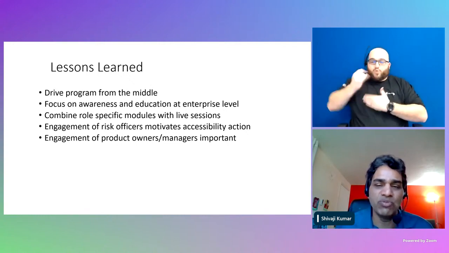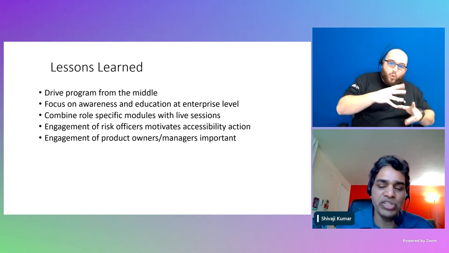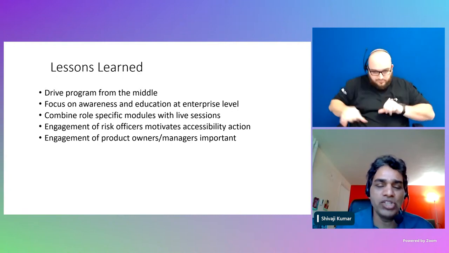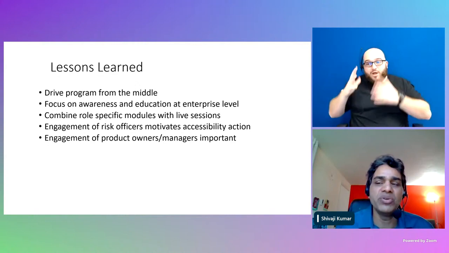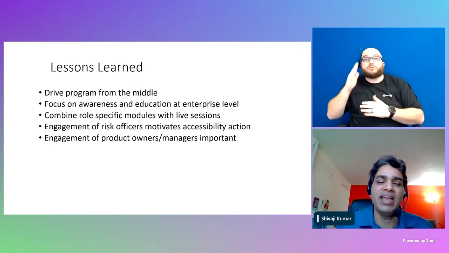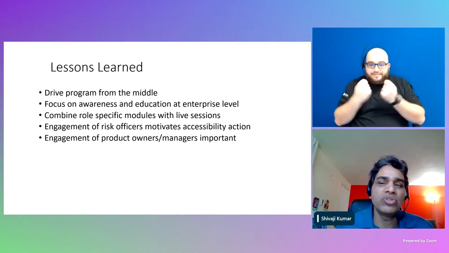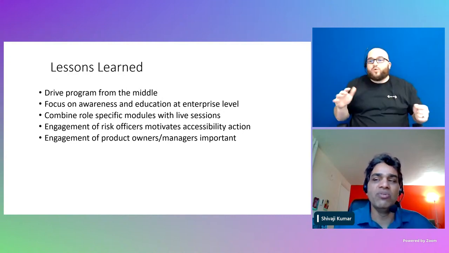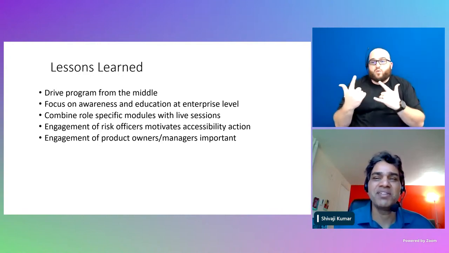I've said this many times before, but it still merits reiteration here: if we manage to get buy-in from the managers and product owners, that still drives the process downward quite a bit, and it can make accessibility run through the entire SDLC pretty smoothly. I would stop here, and I would love to take any questions you may have.